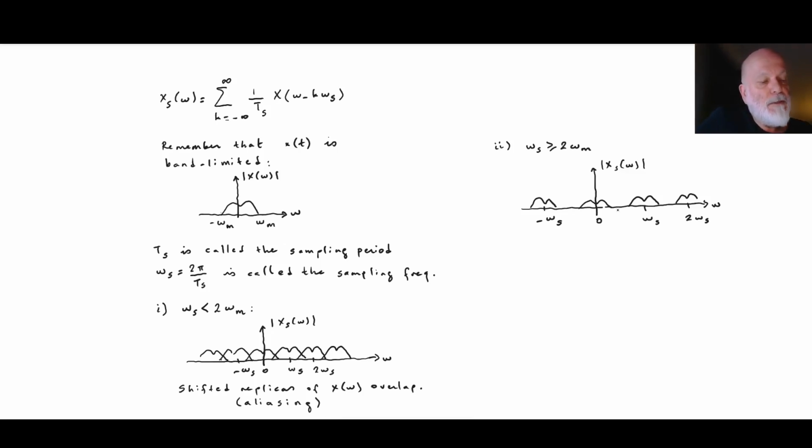So if we choose an ideal low-pass filter with cutoff frequency, for example, equal to omega s over 2, we will be able to retrieve x of t exactly without any information loss. So in this case, x of t can be retrieved, or we can use the term reconstructed, okay?